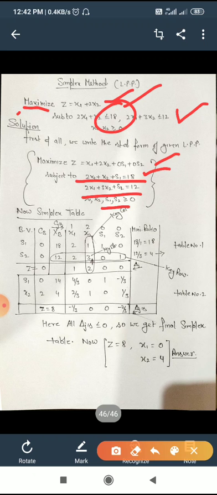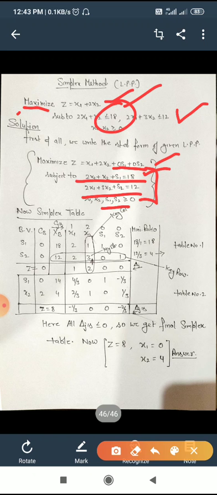Both slack variables introduced in the restrictions with coefficient 1 are introduced in the objective function with 0 coefficient. You have to remember that in the objective function both slack variables have 0 coefficient, because they have no effect on the objective. s1 and s2 do not affect the objective.